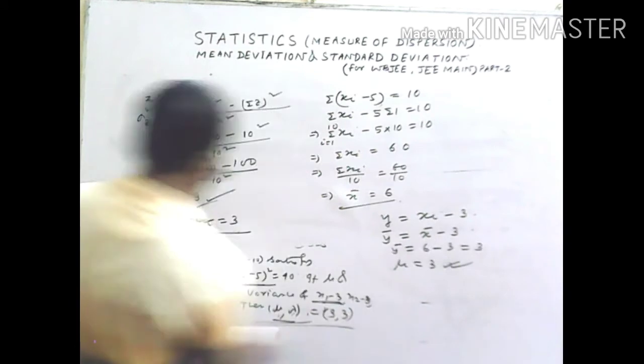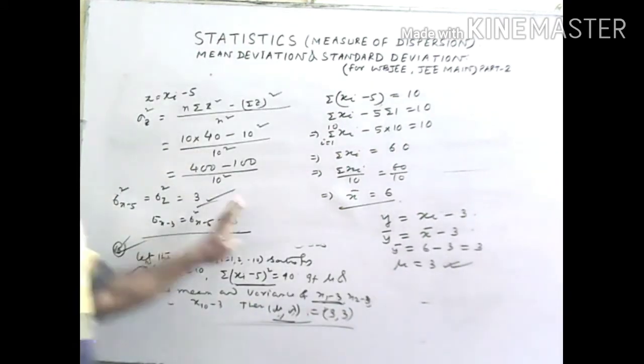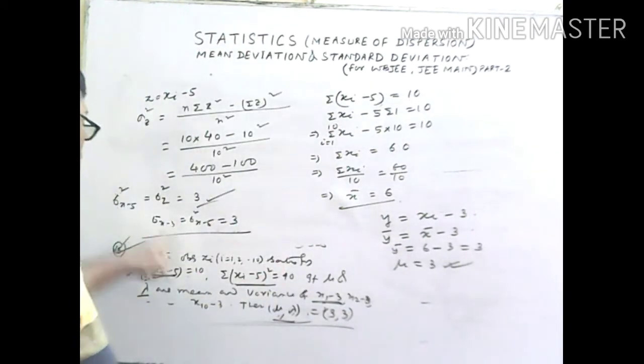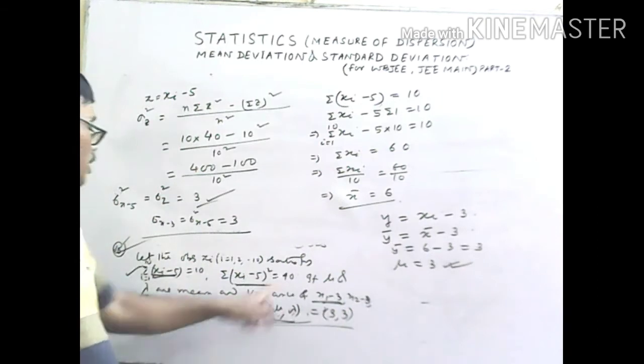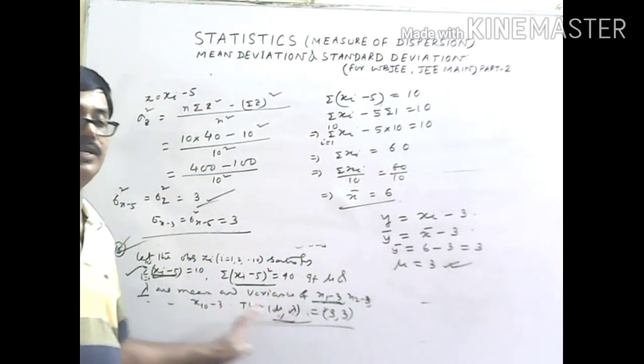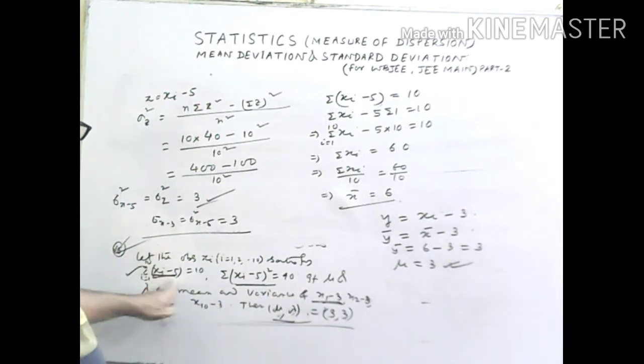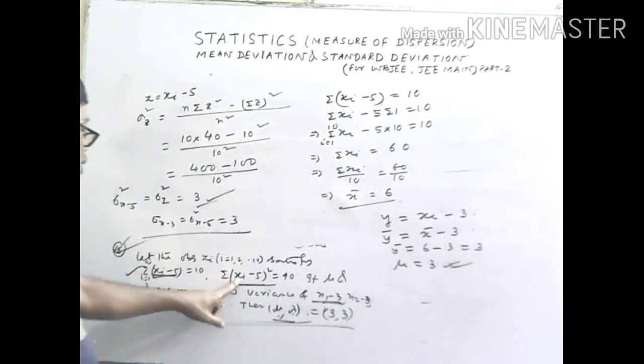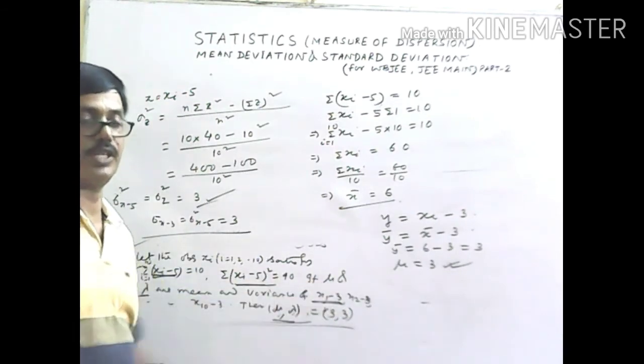Now look at the concept. If only we can find lambda, then it is very simple. From the given data, you can find sigma square z, and it is independent of change of origin.